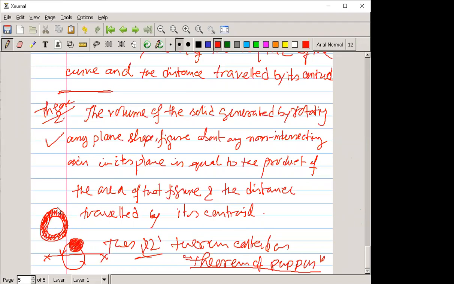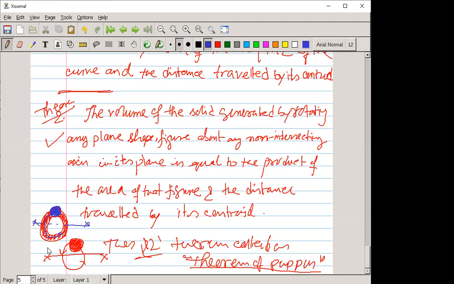Suppose this circle is here, and this is your axis. Instead of a circle, this is a solid portion, a circular plane. If it rotates with respect to this x-axis, then it will create this type of solid.